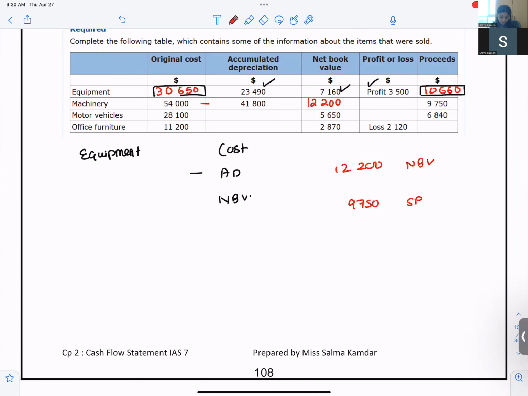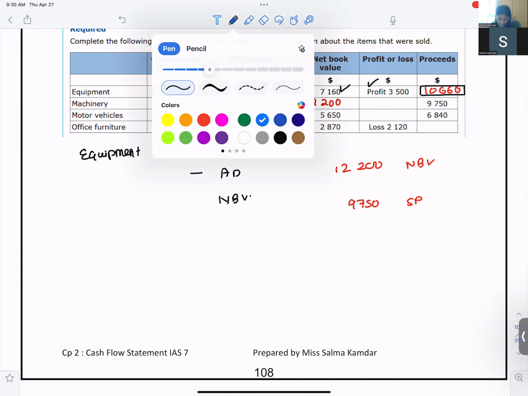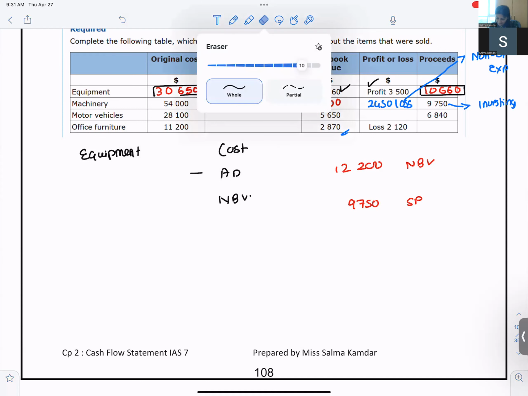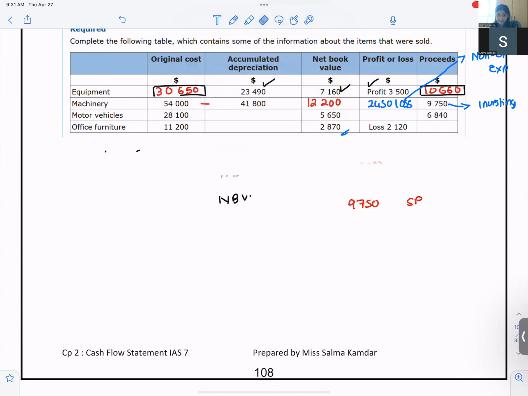I will get a profit or loss on sale of asset. I have a loss on sale of asset of 2,450. Loss on sale of asset is a non-operating expense. Selling price of the asset is an investing activity. Money coming in.